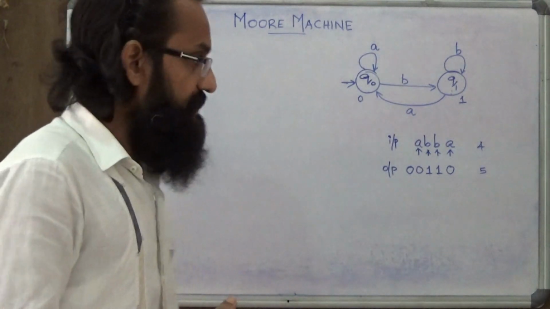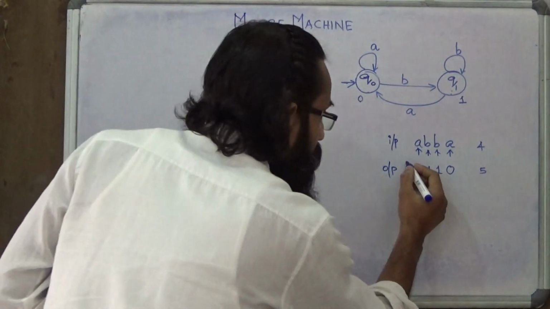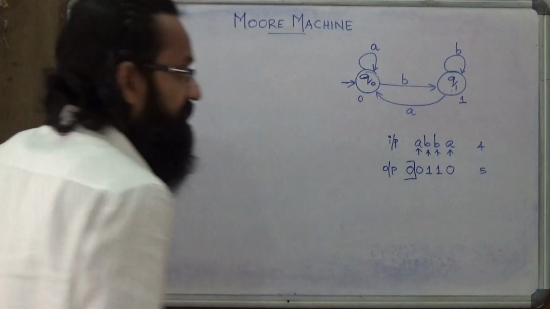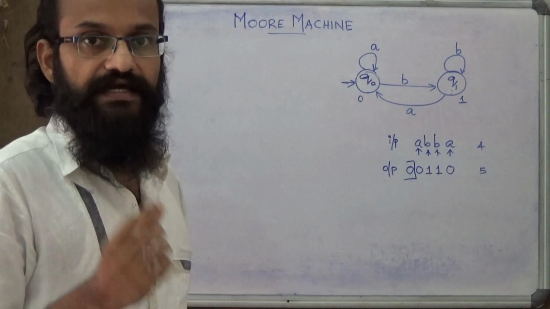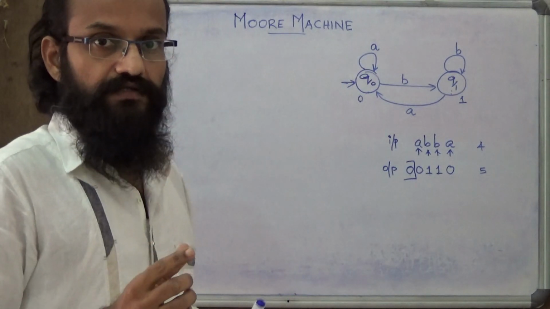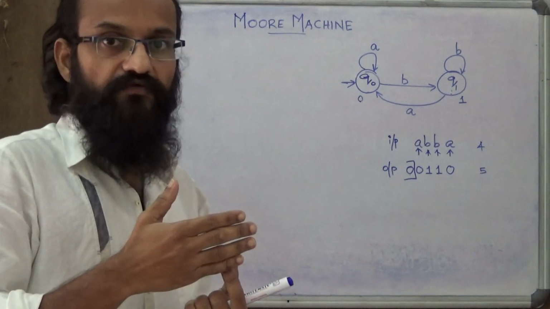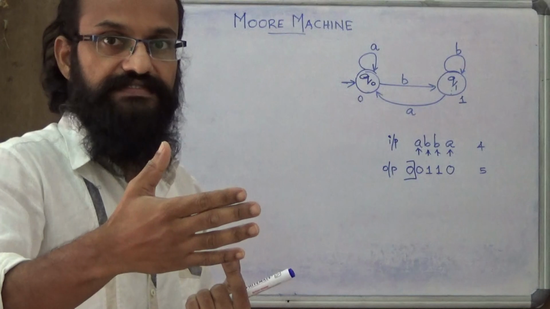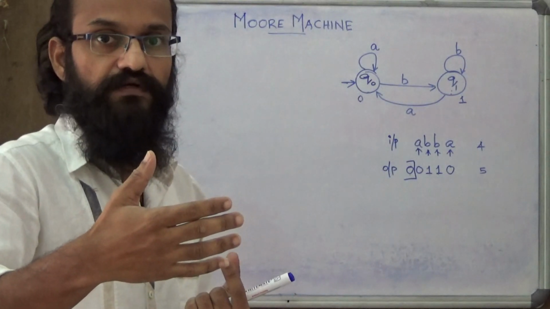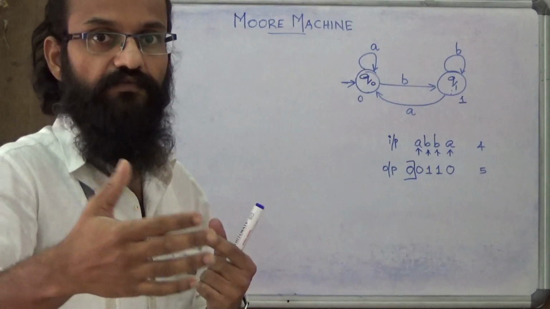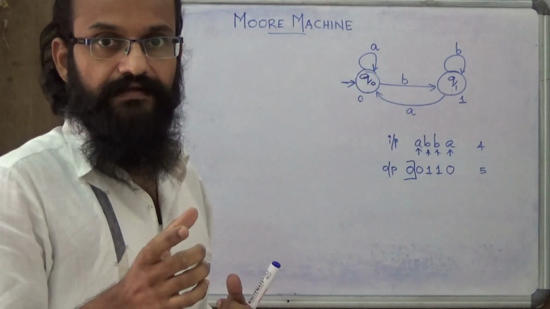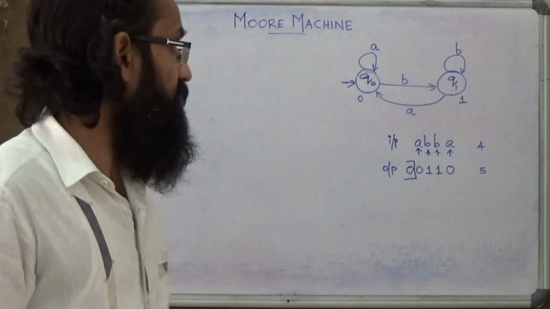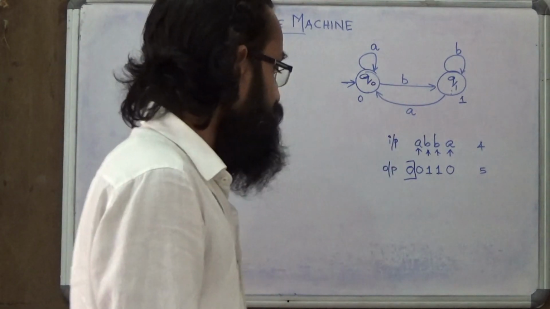The reason is that without consuming anything, it will enter into the start state generating an output of length 1. From there onwards, for further input symbols, it will generate output symbols of length 1 that will be attached to the output string. So for input of length n, the Moore machine will generate output of length n plus 1.